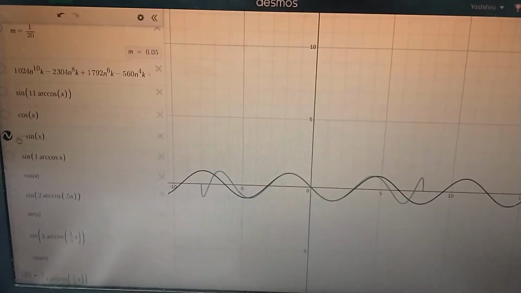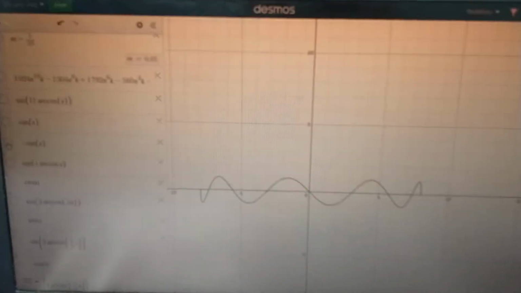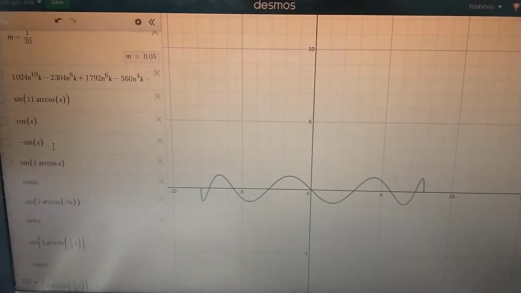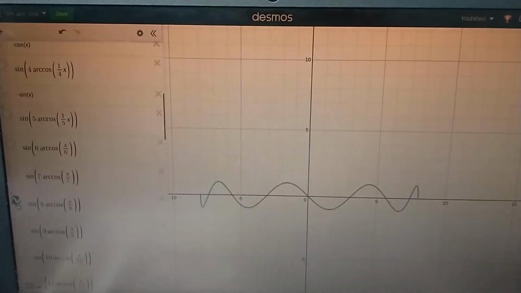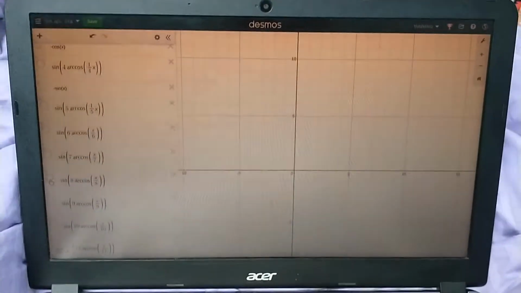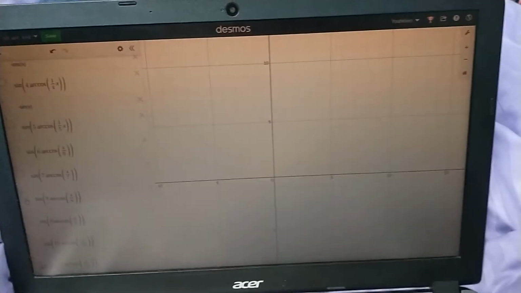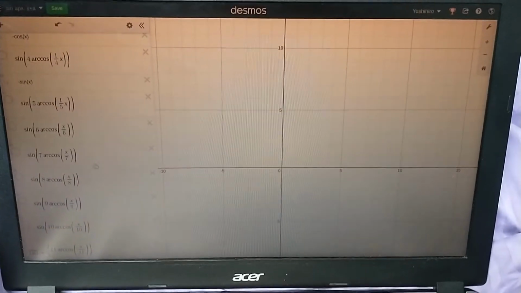But probably not. Okay, anyway, so what I'm doing here, getting a pretty good approximation of sine function or any trig function can be pretty good.